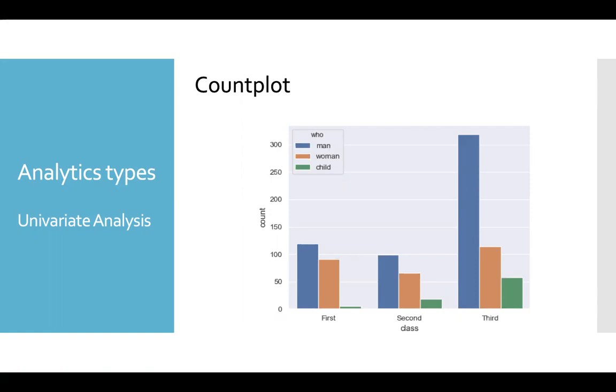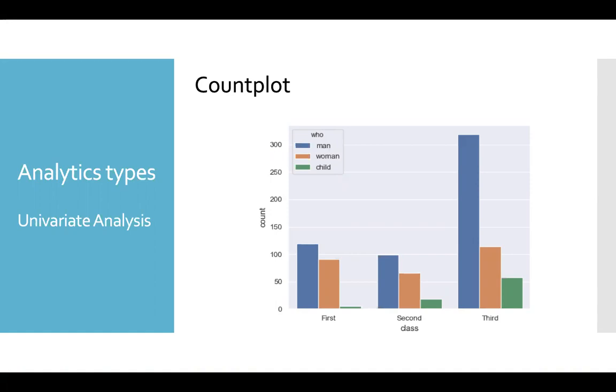So what do you want to see? How many men and women and child in first class, and then eventually you are doing 3 univariate analyses over here, right? So you have 2 columns where it says men, women, and child, and then you want to have 1 column which says first, and then you have the number of times they are appearing in the data. Now you may not want to apply a correlation over here because it doesn't make sense to apply correlation.